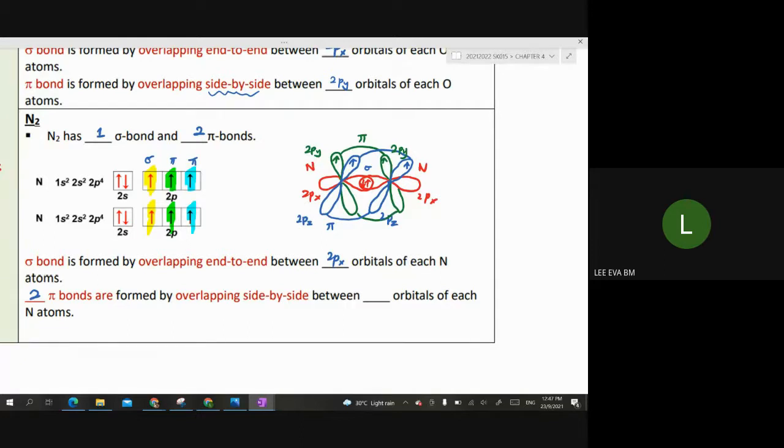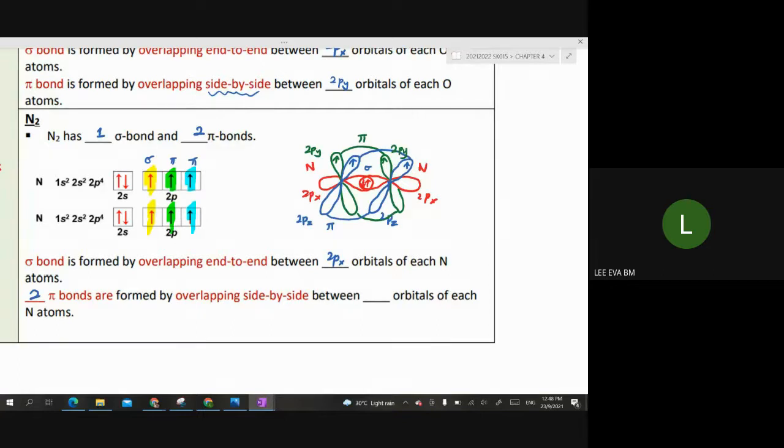You must remember the diagram, in case they show diagrams and ask you to choose the correct one. Madam, if we need to draw the diagram, do we need to use different colors, or is it acceptable to use just one color? To use one color, that's okay. Madam uses many colors so you can see how Madam draws. For your own notes, if you want to use many colors for your own reference, you're very welcome.